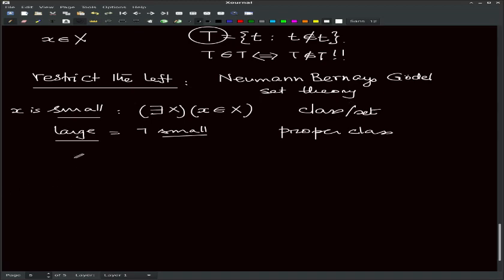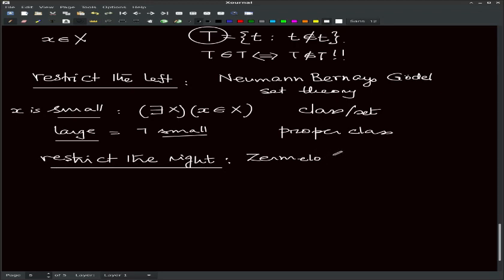But if you restrict the right, what we get is ZF, Zermelo-Fraenkel. So what is happening over here? You suddenly have entities.